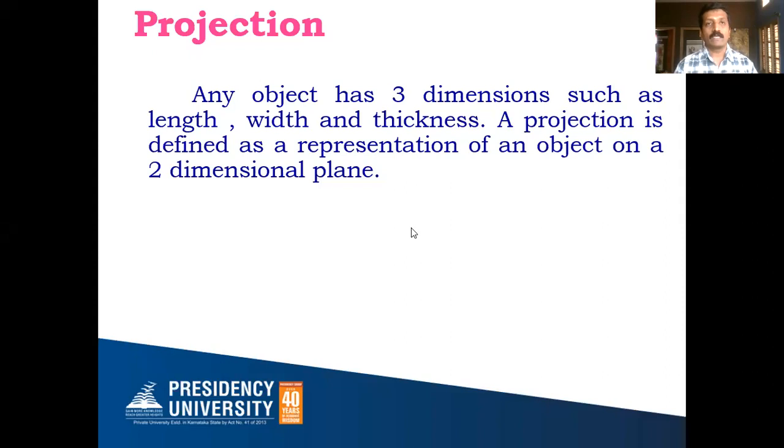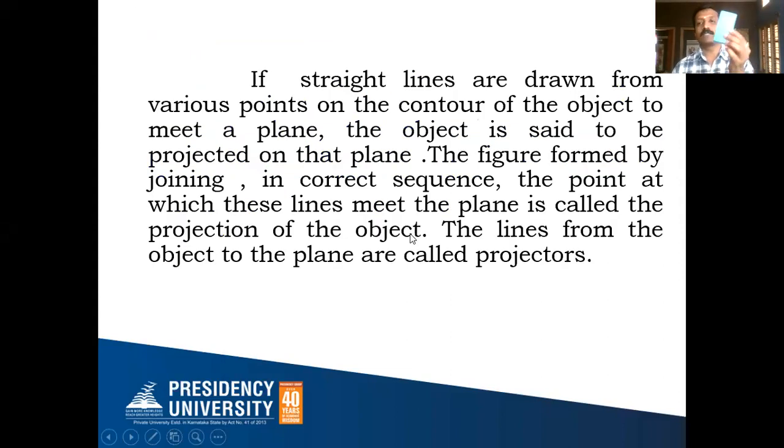And the projection procedure, what does it say? This is the object. If I keep it like this, and you are looking from this direction, we have to identify the endpoints, the contour points. After identifying these, we draw the projector lines. Why is it called a projector line?